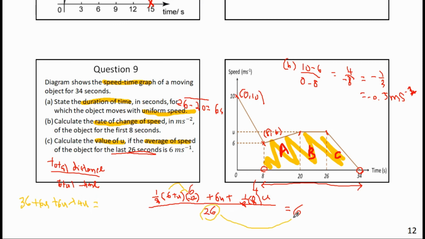We move to the right hand side, so we multiply 6 times 26, 156. 6U plus 6U is 12U, plus 4U, so you will have 16U equals 156 minus 36, which is 120. So U equals 7.5 meters per second.